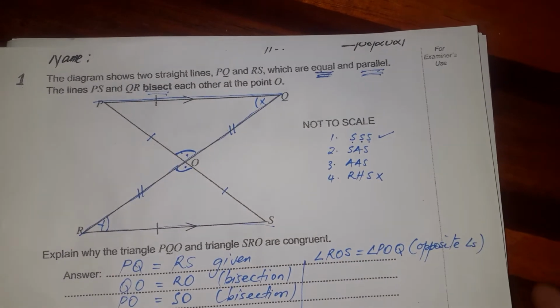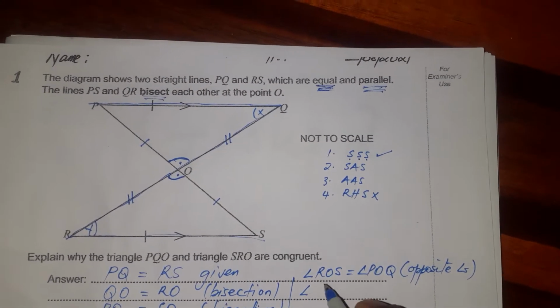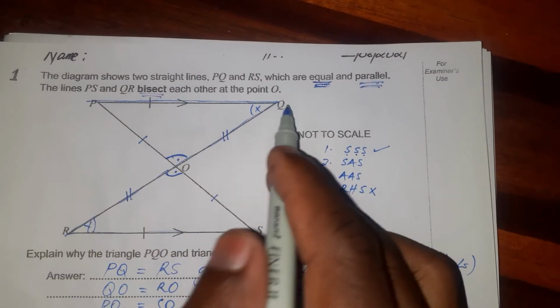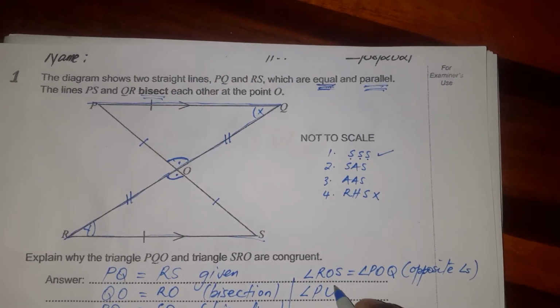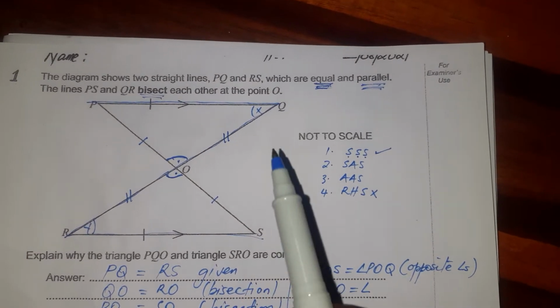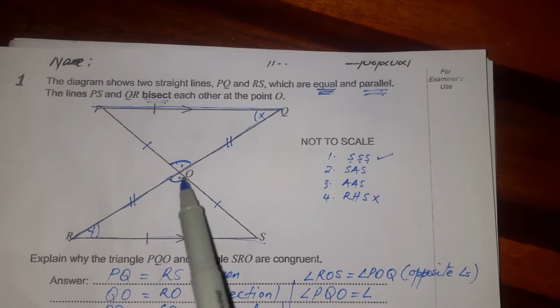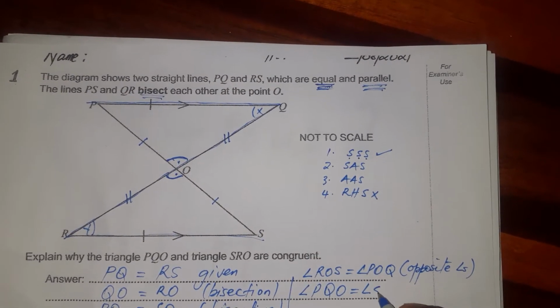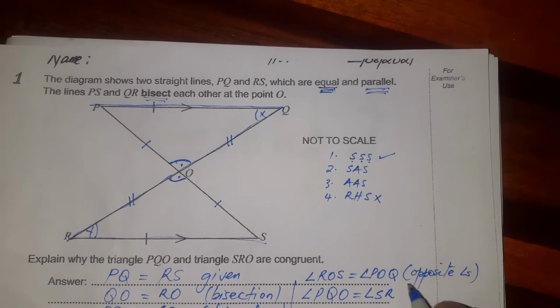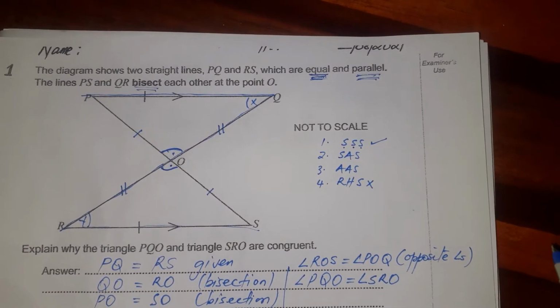Angles formed within parallel lines, we can now write angle PQO is equal to angle SRO, or you could say ORS, still the same thing.